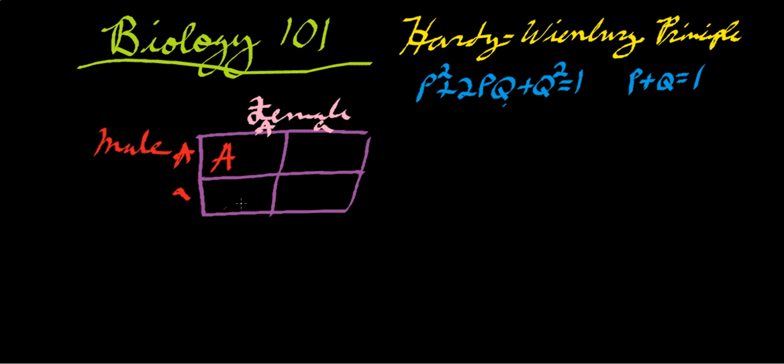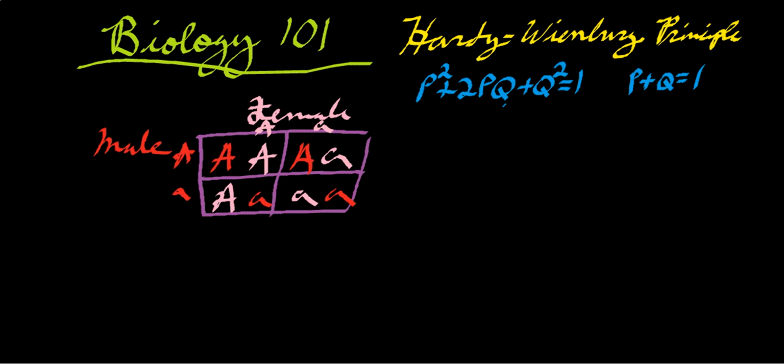Big A here, small a, big A, small a, and drop this, drop this, drop this, and this. So this is the way you can determine the offspring of a population. So this is how they determine the equation here.